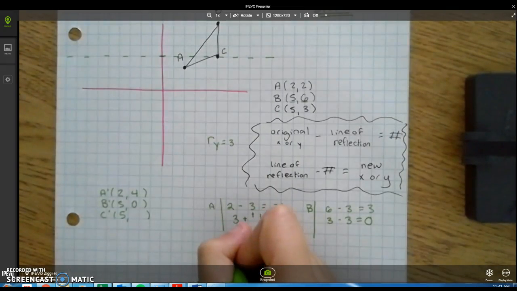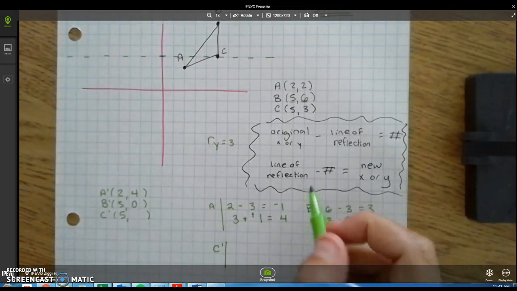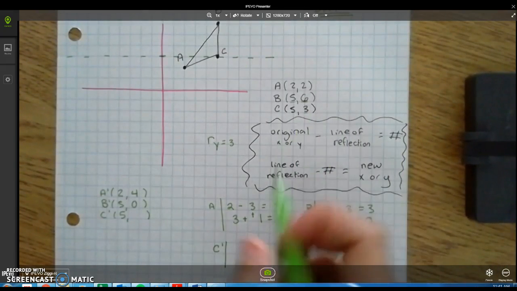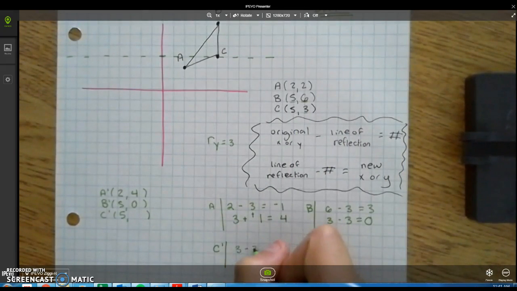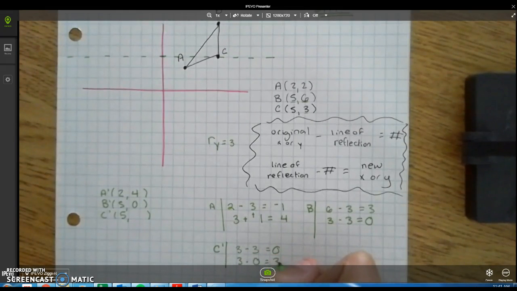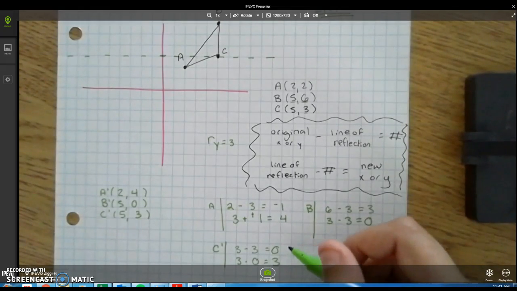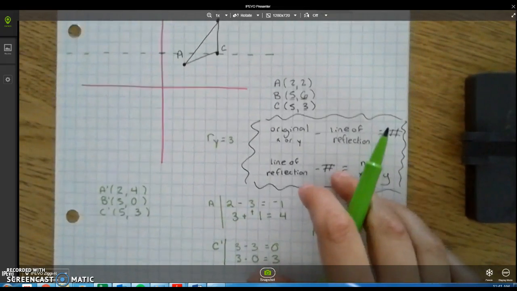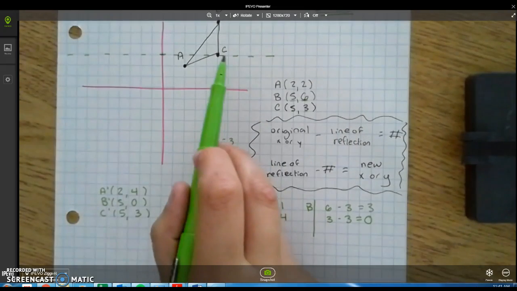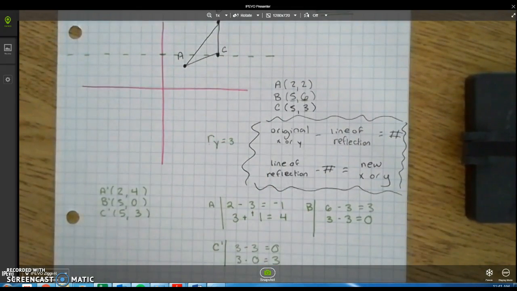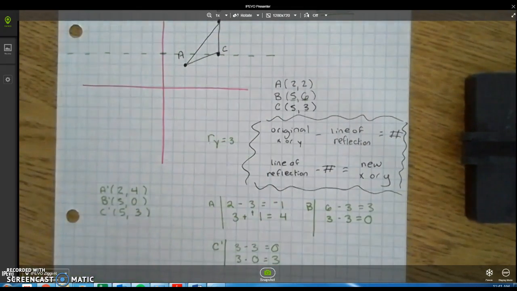And C prime, we have 3 minus 3 is 0. And 3 minus 0 is 3. Or, instead of having to do all this work, you could simply notice that C is on the line of reflection. Since it's on the line of reflection, it can't go anywhere. It's the same distance from it. It's 0 from it either way.